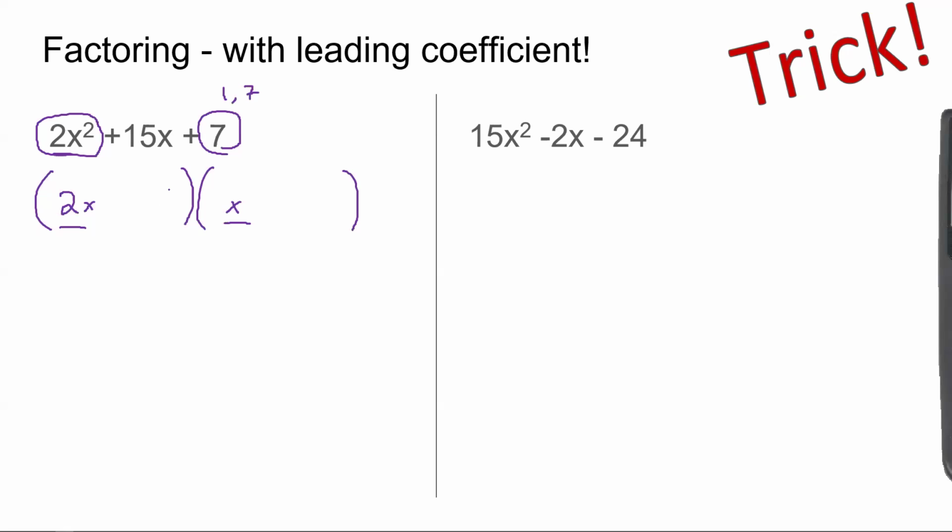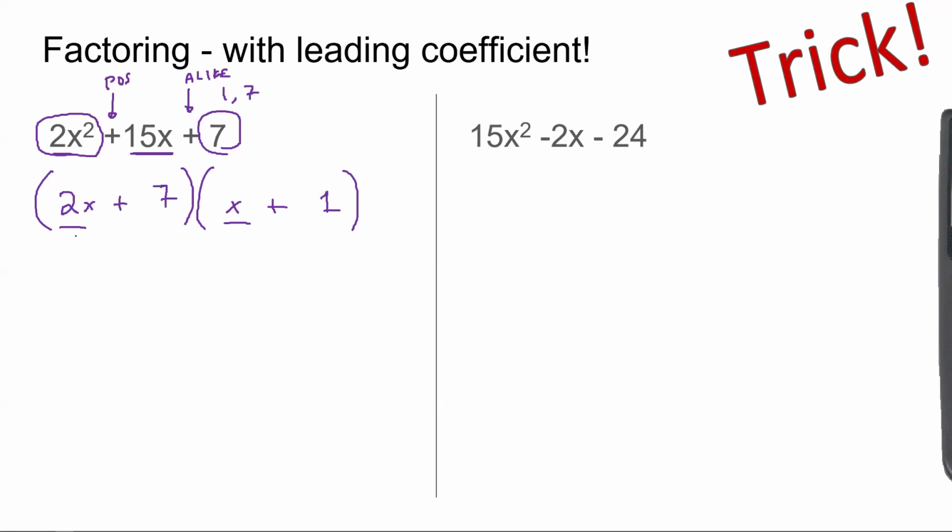So the question is, should I put 1 here and 7 in the back, or should I do it the other way? And what we're doing is we're trying to make it add up to 15x. The signs are alike, and they're both positive. So let's put those in. If I put the 7 here, I'm just kind of seeing what happens.